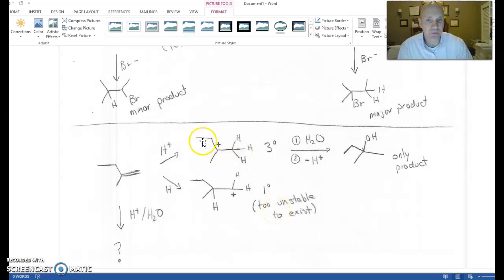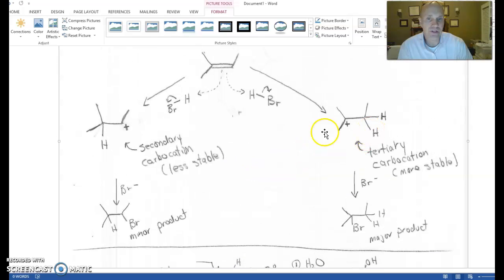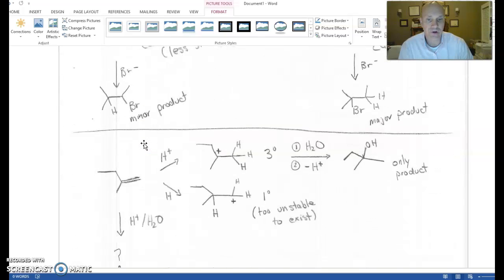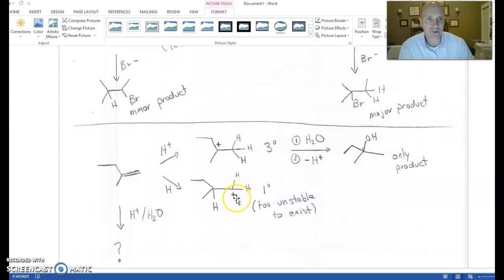All right, there would be an even stronger preference for this being the intermediate between these two than there was in this situation right here, because even though tertiary is more stable than secondary, secondary carbocations are still stable enough to exist in solution. All right, primary carbocations are almost unheard of. They are extremely unstable. All right, so this would be the only intermediate that gets made in substantial amounts.